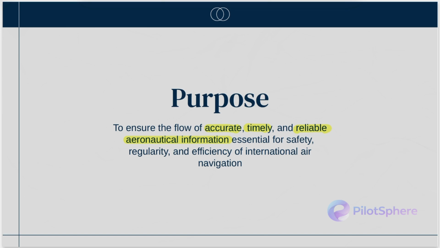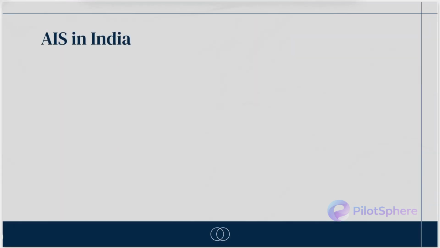And India just does it for our jurisdiction, similar to how each state would be responsible for having an aeronautical information service for their state, for their jurisdiction, and for their territory. Let's take a look at Aeronautical Information Service in India.